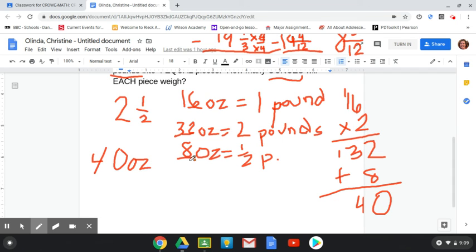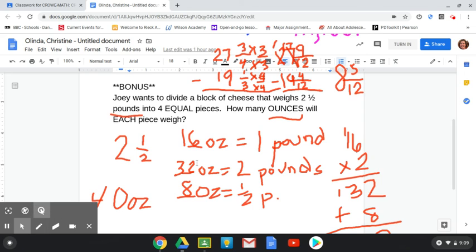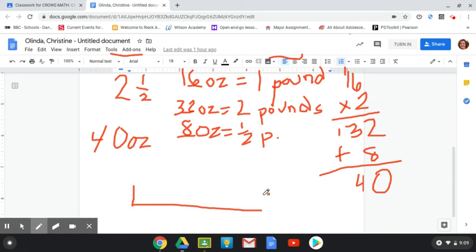That doesn't answer my question, though, because if I go back and read my problem again, it says how many ounces will each piece weigh, and I need 4 equal pieces. So to do that, I'm going to need to draw a tape diagram. I know that my whole has to be 2 1/2 pounds, which is the same as 40 ounces. And then Joey wanted 4 equal pieces.